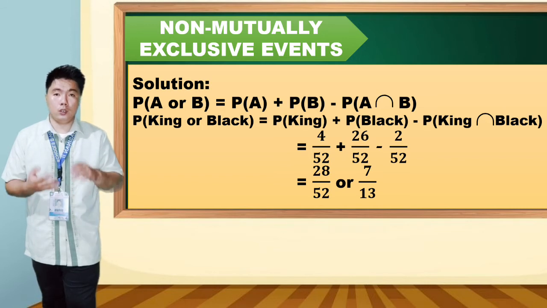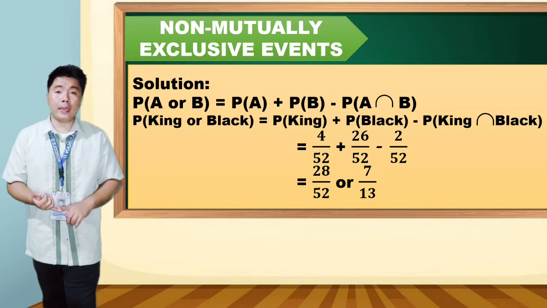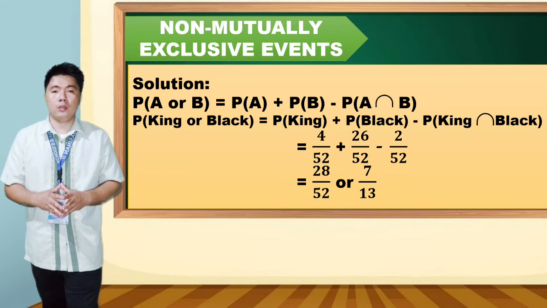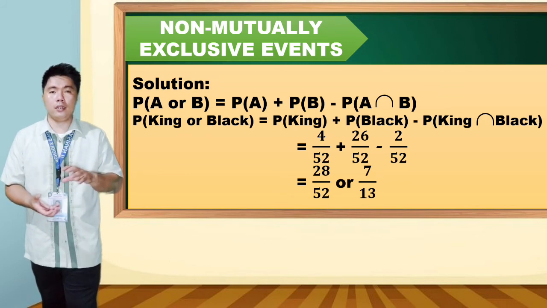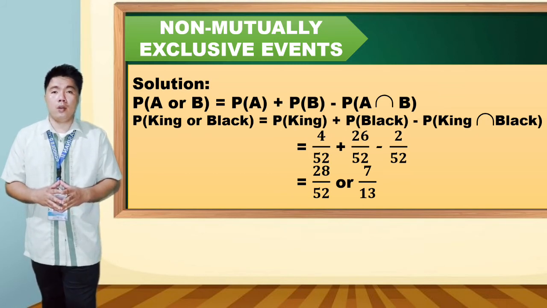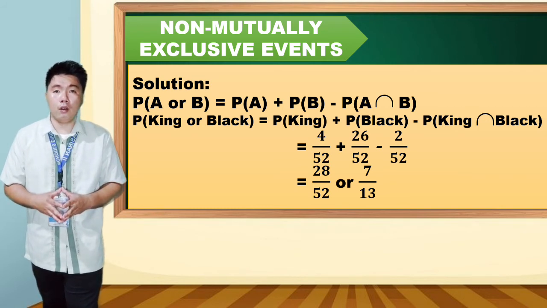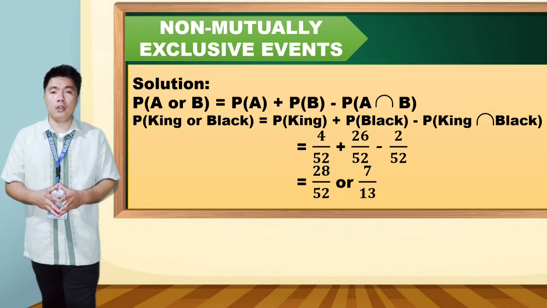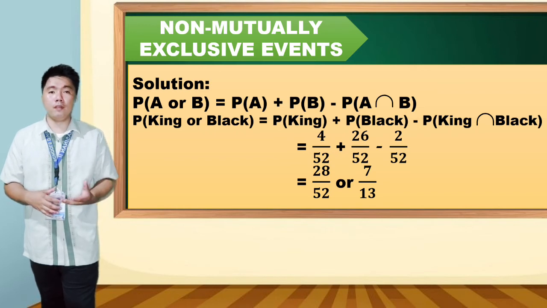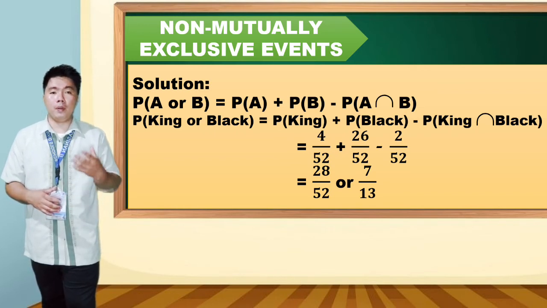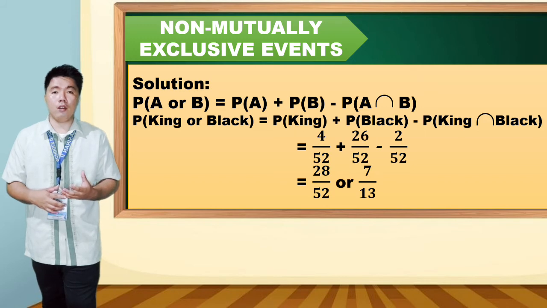We have 2: the king of spades and the king of clubs. So we have 2 out of 52. That is their intersection. Simplifying that, you will have 28 over 52, or 7 over 13. So that is the probability for problem number 1. The answer is 7 over 13.